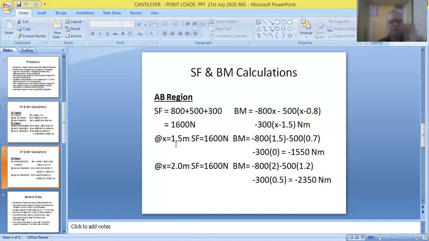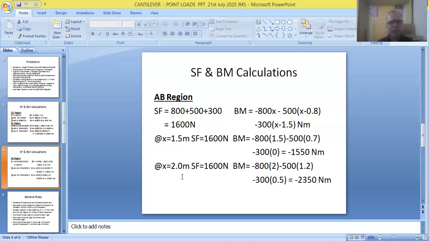So here the first limit, the lower limit is 1.5. This SF equation is free of X values. So the first value is written as 1600. The second value is also written as 1600. Now coming to the bending moment equation, you take the value of X as 1.5, substitute in this equation. So ultimately it is obtained as minus 1550 Newton meter.